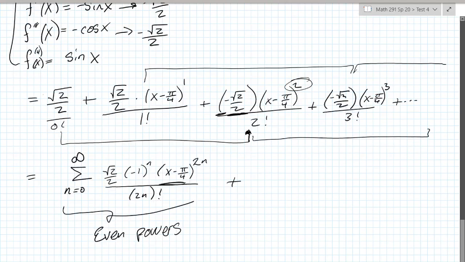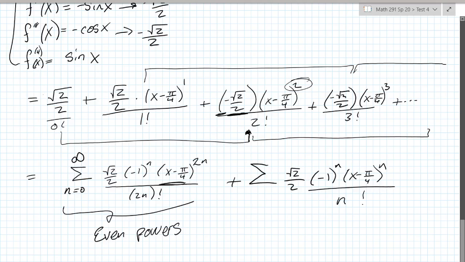And now I need something to take care of all of the odd powers. So I'm still going to have a square root of 2 over 2. I'm still going to have a negative 1 to the n. I'm still going to have an x minus pi over 4 to the n. And I'm still going to have some kind of n factorial. But that's not right. We know that's not right because the powers are not going to work out.